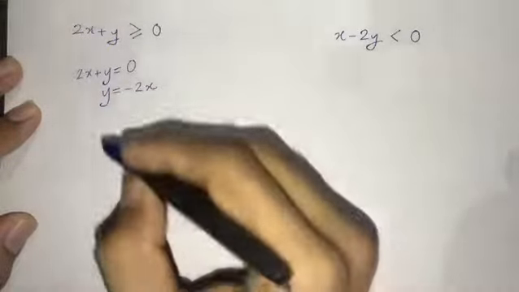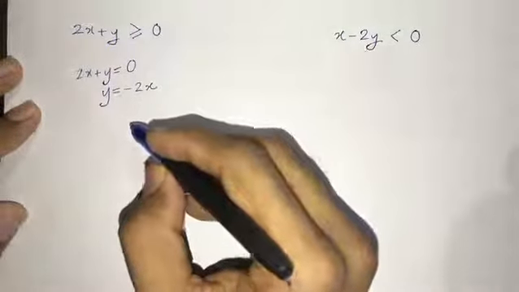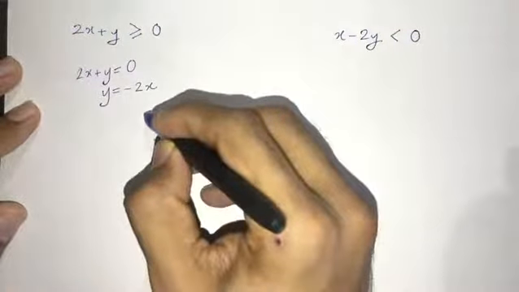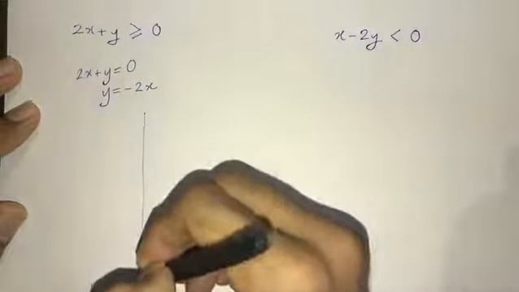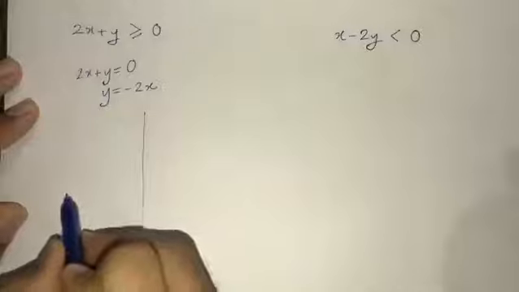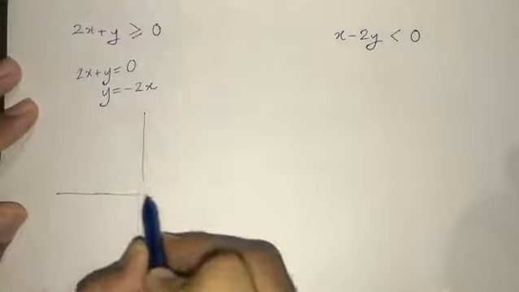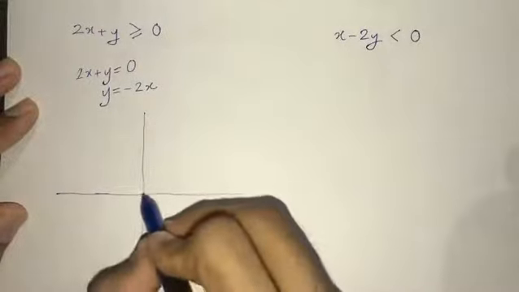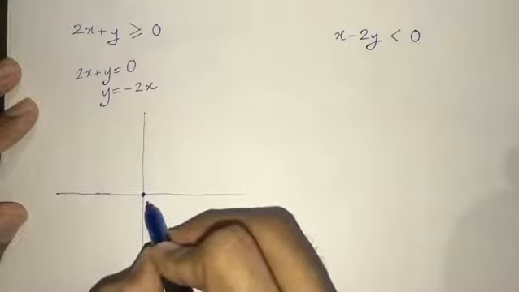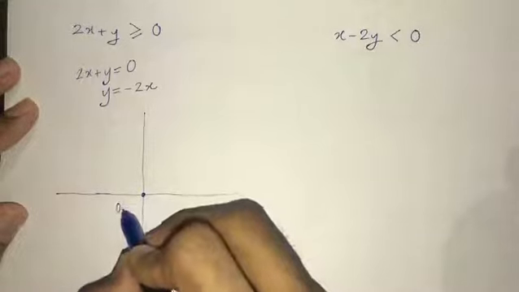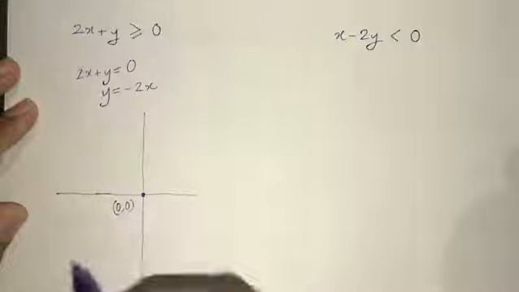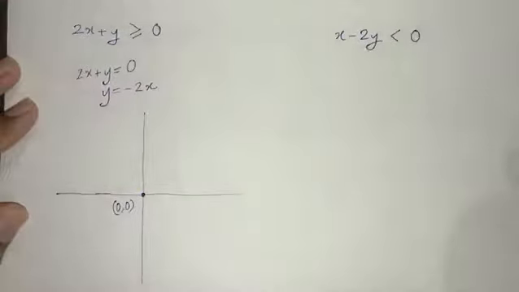Now if I plot this straight line, it is going to pass through the origin. One point is definitely 0 comma 0, which I can make out because of the absence of the constant here. So the origin will satisfy the equation. There is no constant. Now y is minus 2x.